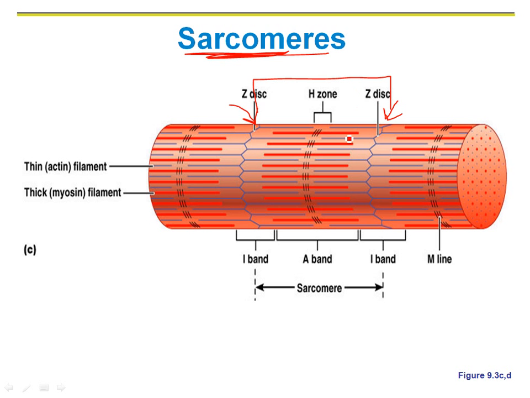Within the sarcomere, you can see you have overlapping proteins here. Okay, there's a structural protein that is our Z line. Then we have a blue line that comes out here. That protein is very, very thin, so it got called the thin filament.